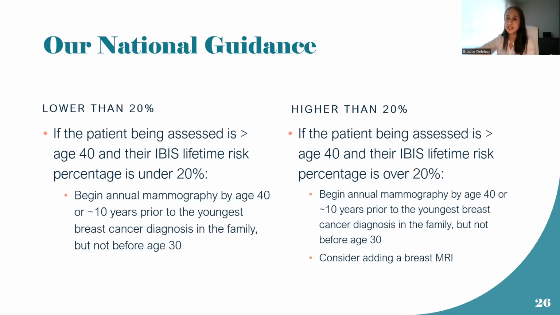And here we consider adding on a breast MRI, a different form of screening, in addition to annual mammography screening. In this case, one form of screening, let's say a mammogram, will be performed in January, and 6 months later in June, a breast MRI, rotating every 6 months as such.